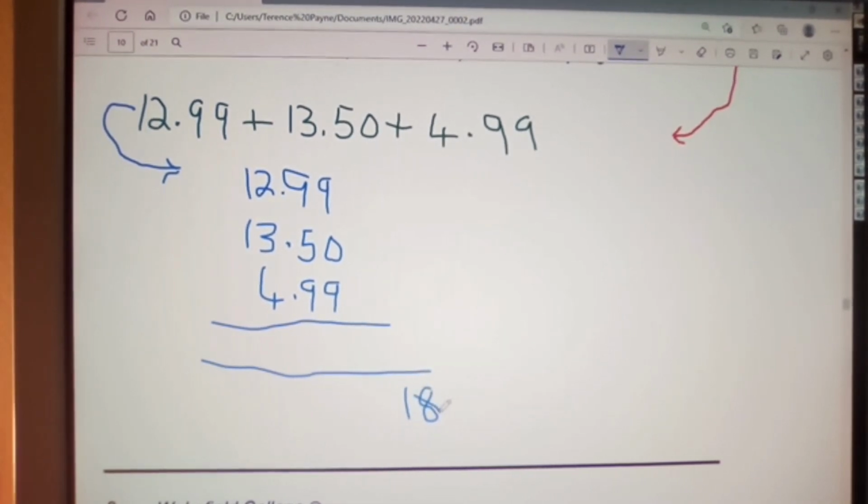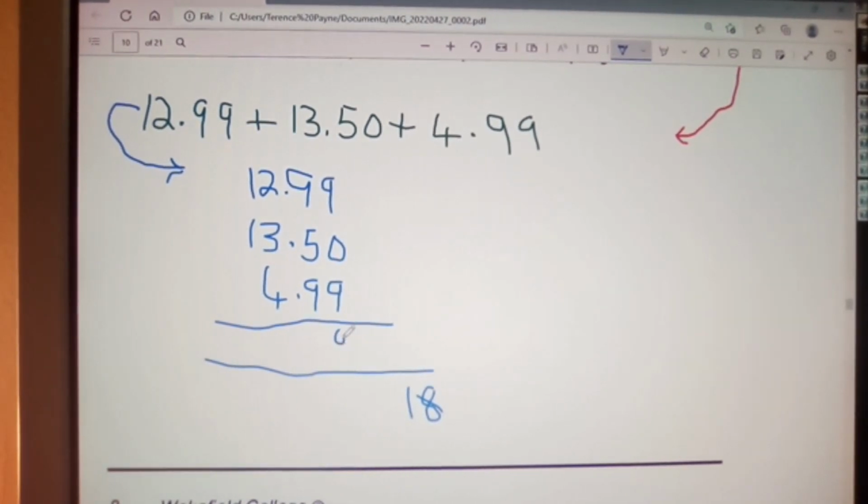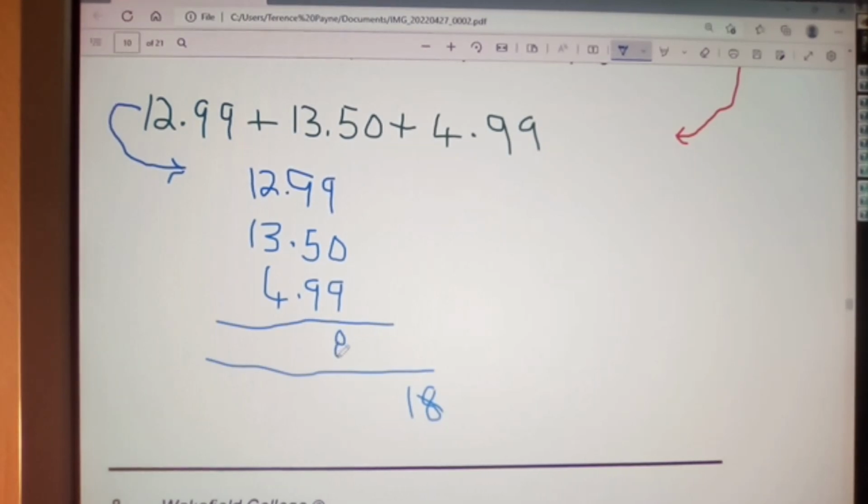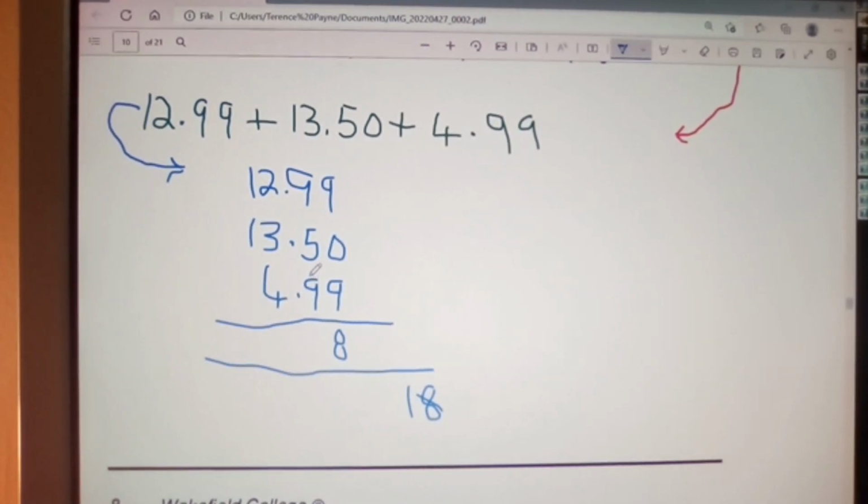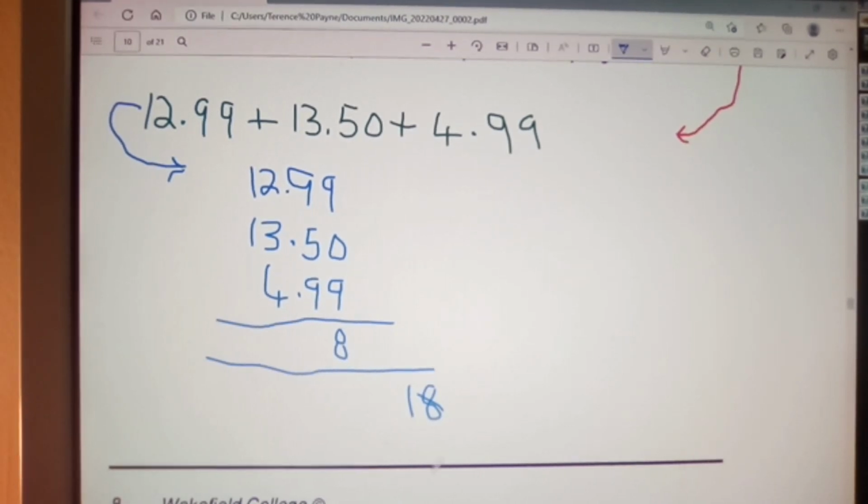I cross the 8 out and put the 8 in, keeping it in the correct column because it matters. 9 and 1 is 10, and 5 is 15, plus 9 is 24.